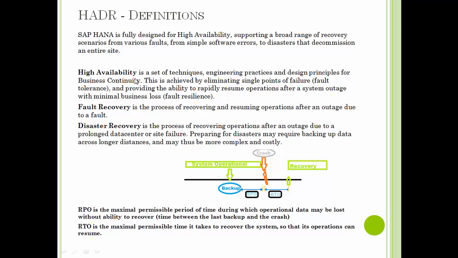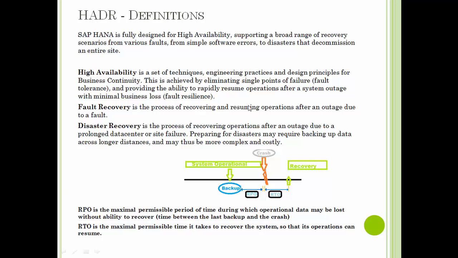And what is high availability? High availability, by definition, is a set of techniques, engineering principles, or practices and design principles for business continuity. So, combining these three to support business continuity is what high availability is all about.